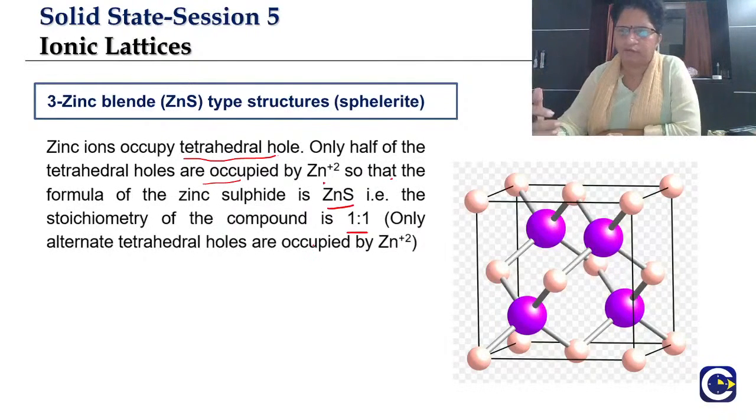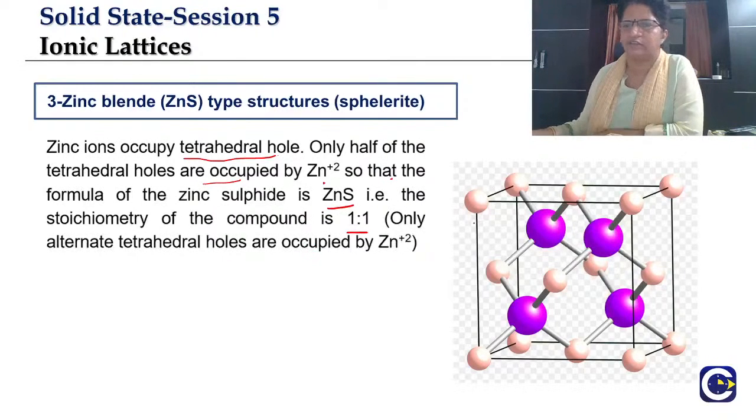See, when it was in lower classes, you used crisscross method to find out the formula of the compounds. Here, we are trying to get the formula of the compound based on their crystal structures. These are your sulfide, though here it's given big, it's only for you to understand. These are the tetrahedral voids wherein the zinc ions are present. These are the sulfide ions.